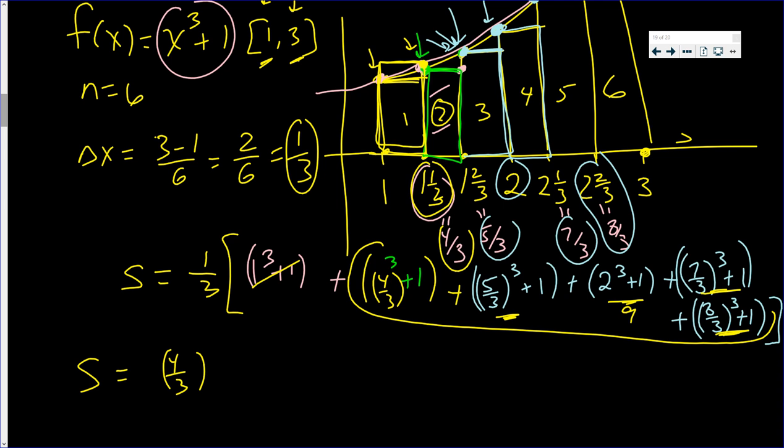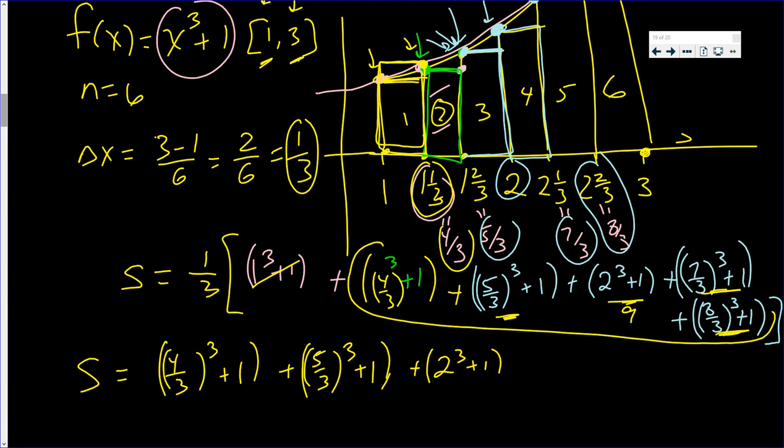It's going to be 4/3 cubed plus 1, 5/3 cubed plus 1, 6/3 cubed plus 1, which is 2 cubed plus 1, 7/3 cubed plus 1, 8/3 cubed plus 1.